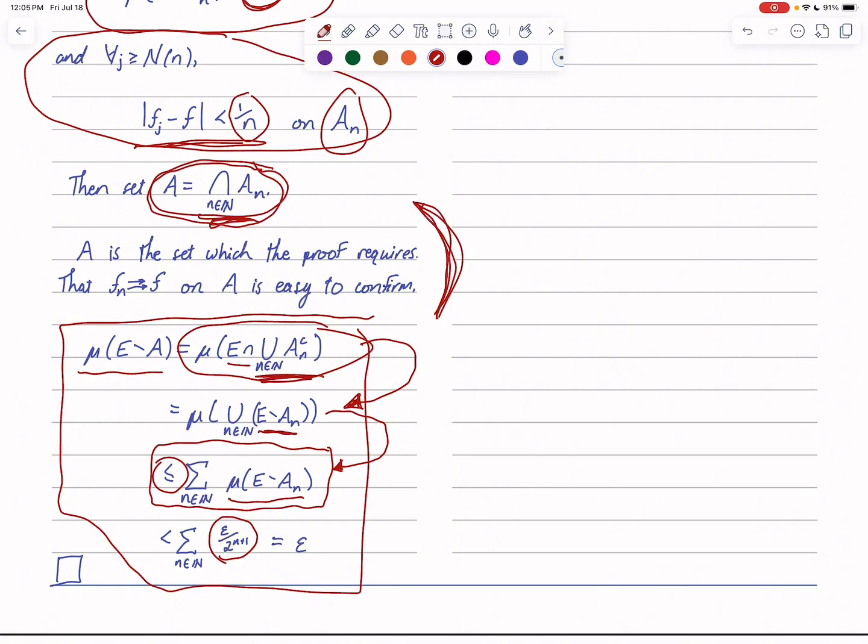I never fully explained why I chose epsilon over 2 to the n plus 1. Why not just make it epsilon? Well, you're taking this infinite sum. By the time you get to this point in the proof, if you had chosen epsilon, which was perhaps a reasonable thing to have done, you'd be taking an infinite sum of epsilon, and then everything goes wrong because that turns into infinity.